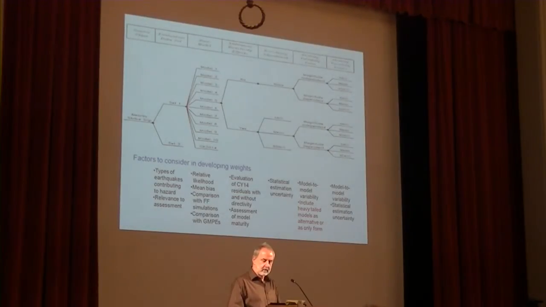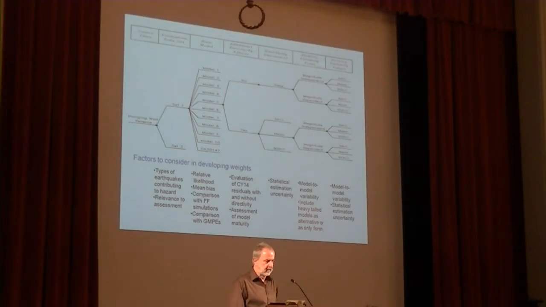So we will have cases, magnitude dependent, magnitude independent possible cases, as well as, as we discussed yesterday, the inclusion of alternatives, whether we have heavy-tailed branches as an alternative, or as perhaps the only or the preferred form in the model, and then some assessment of the epistemic uncertainty on the actual values of aleatory variability. So this will be the general framework for the strike slip set, and a very similar form for the reverse hanging wall effect set.